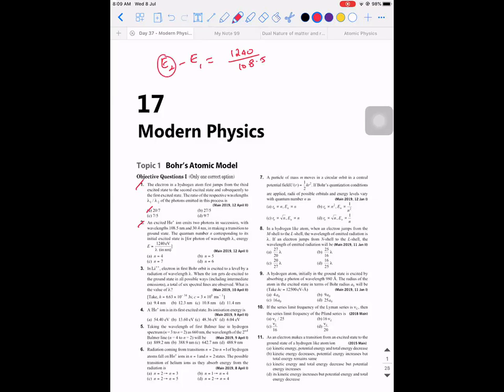But what will you write for E2? Minus 13.6 z square divided by n2 square, minus of minus 13.6 z square divided by n1 square, is equal to 1240 into, this is also in electron volt only, so not an issue, divided by 108.5 nanometer. So n2 square is how much?